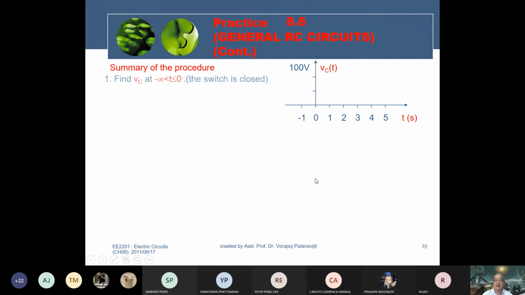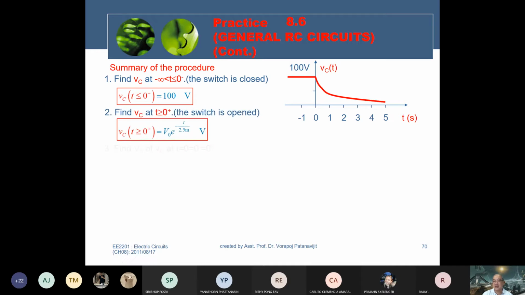From an overall point of view, for VC at time less than 0, the switch is connected to the circuit and drives it for a long time until the capacitor performs like a short circuit. It equals 100. For time greater than 0, you remove the source. The current and the voltage will drop to 0 soon. It drops in exponential form, equal to 100 e power minus t divided by 2.5 milli.